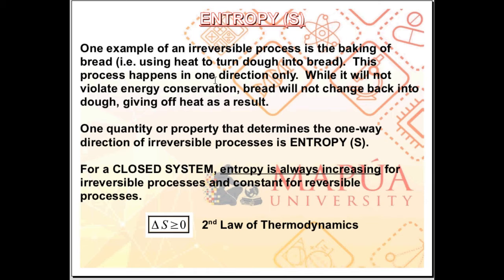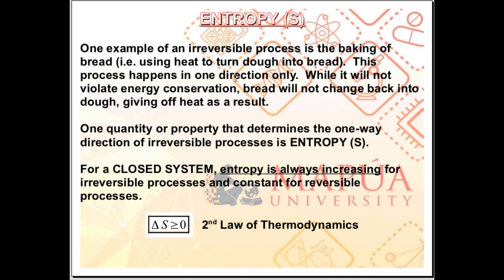Bread will not change back into dough, giving off heat as a result, because the baking of bread is an irreversible process. One quantity or property that determines the one-way direction of irreversible processes is entropy S. For a closed system, the entropy is always increasing for irreversible processes and constant for reversible processes.